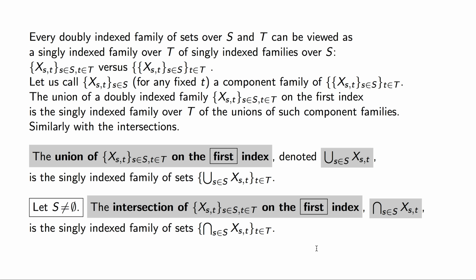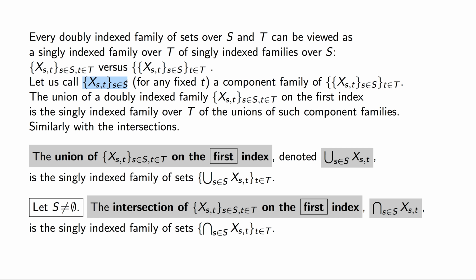For a doubly indexed family of sets, we want to define the operations of union and intersection. So consider a doubly indexed family such as this, and now notice that if I fix the index t, if I take a particular value of the index t, then I'm dealing with a singly indexed family.